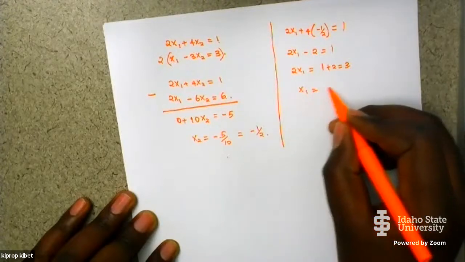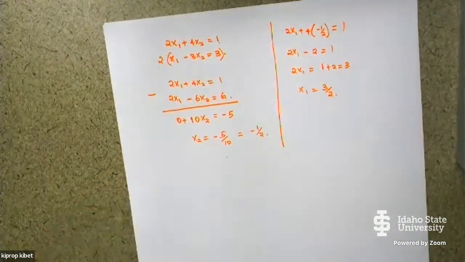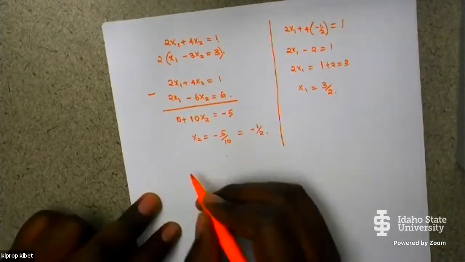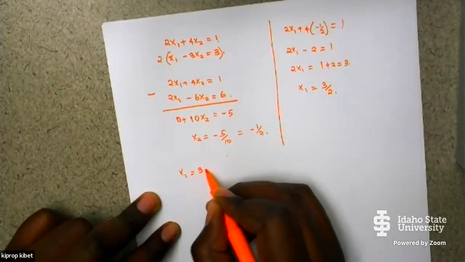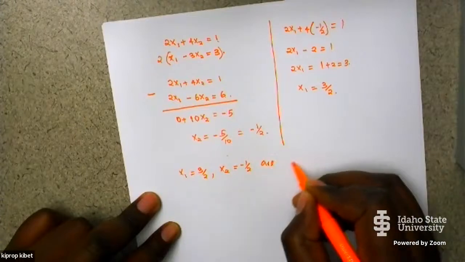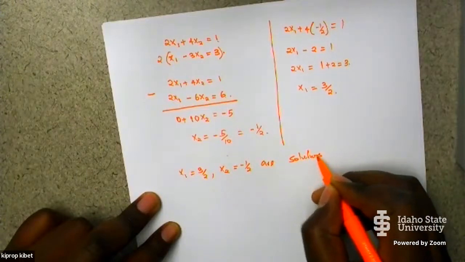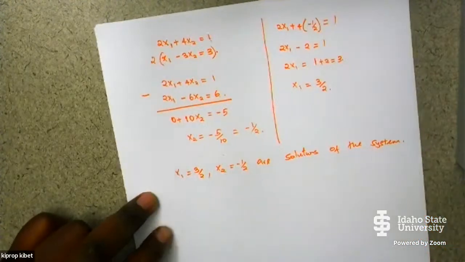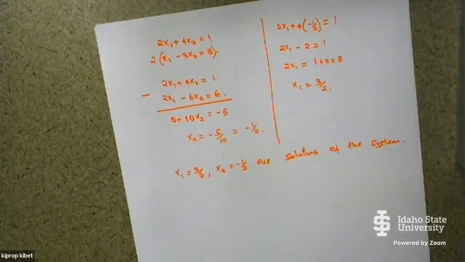So x1 equals 3 over 2. So x1, which equals 3 over 2, and x2, which equals -1 over 2, are the solutions of the linear system.